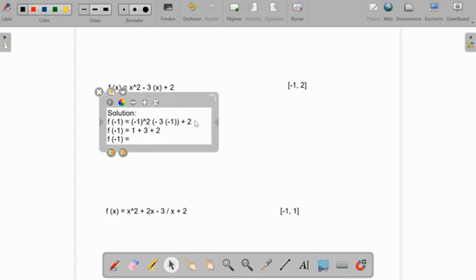And 1 by 1 is 1. And 3 by 1 is 3, plus 2, and we have 1 plus 3 plus 2 is equal to 4 plus 2, which is equal to 6.